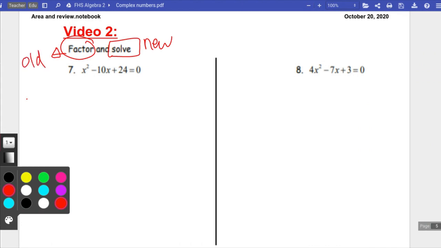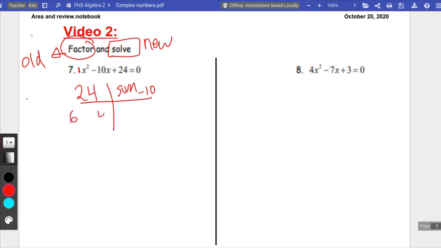All right, to factor, because there's a 1 right here, you can move straight into finding two numbers that multiply to 24 and sum up to the middle number, which is -10. I'm thinking of 6 and 4, but 6 plus 4 gives me +10, so that wouldn't work.